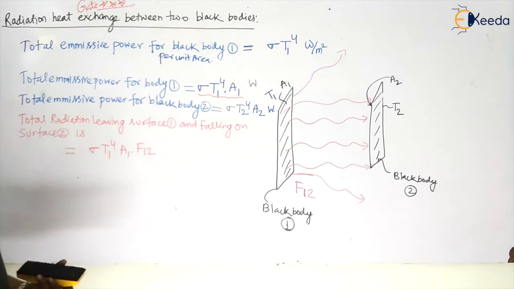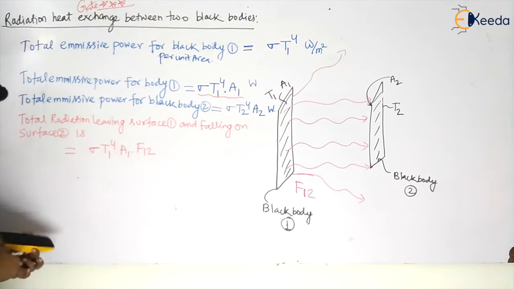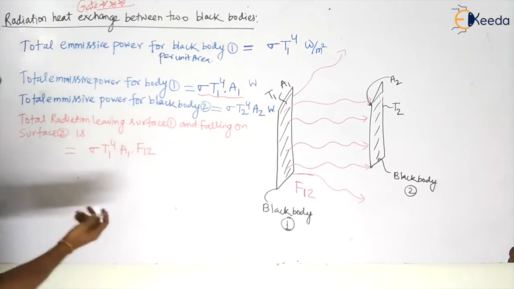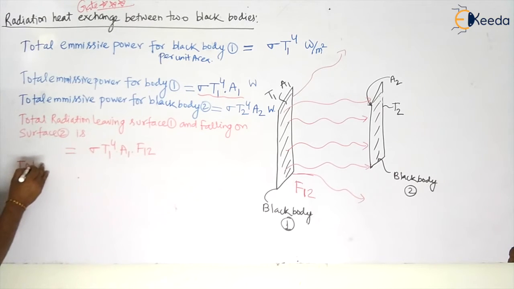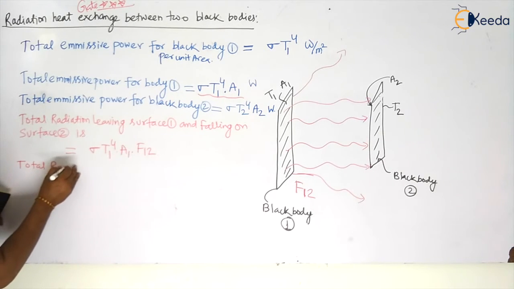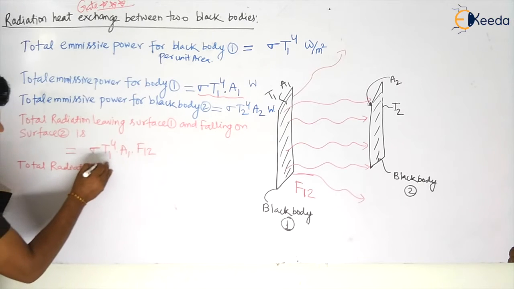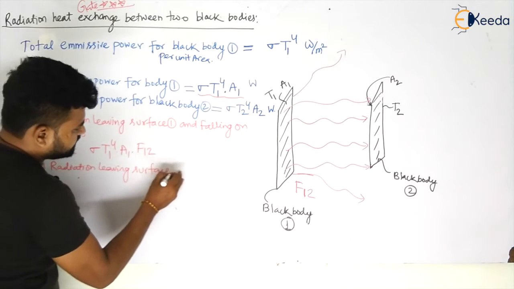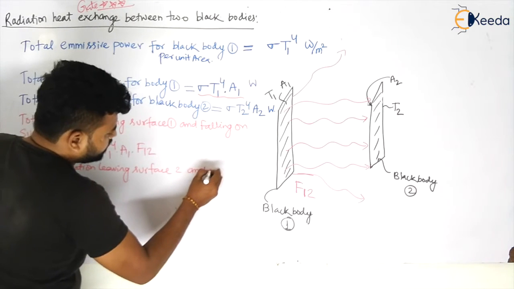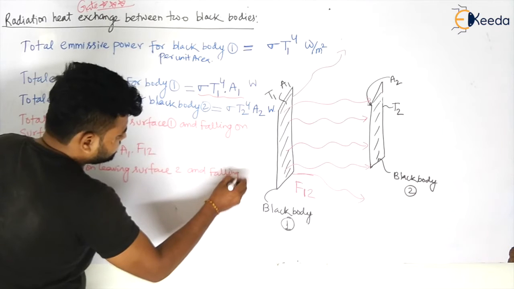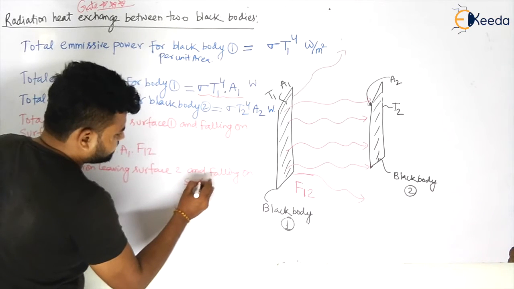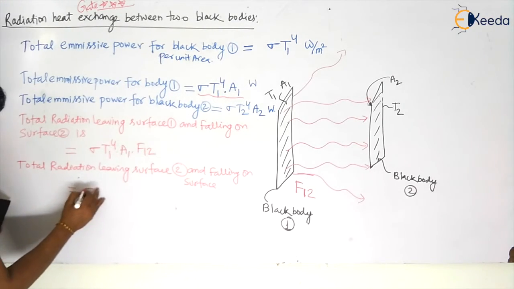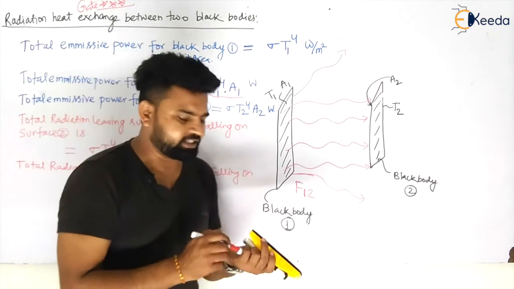So the total radiation which is leaving surface 2 and falling on surface 1, my dear students, will be what? This will be nothing but sigma T2 to the power 4, that is leaving 2, my dear students.